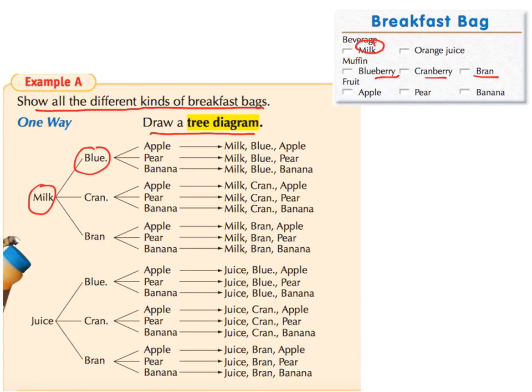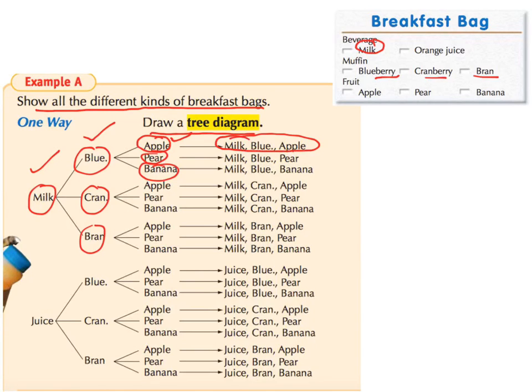Now, if you choose, say, blueberry, in fruits you have three choices, apple, pear and banana. So, one of the breakfast bags can be milk, blueberry as muffin, and then apple. So, this is one breakfast bag.